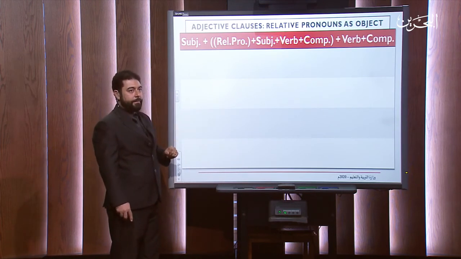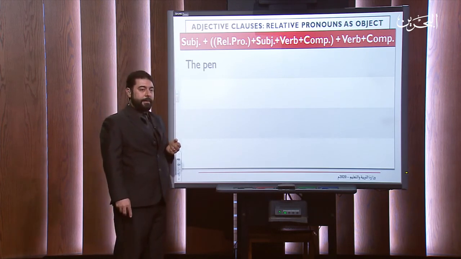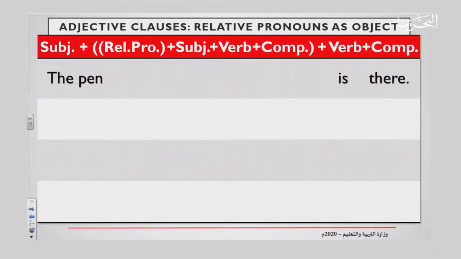Okay, let's check. So, subject is like a pen, the pen. The pen, verb is there. The pen is there. Now, I'm going to use adjective clause, but this time the relative pronoun should be as an object. You see between brackets, it means it is optional.